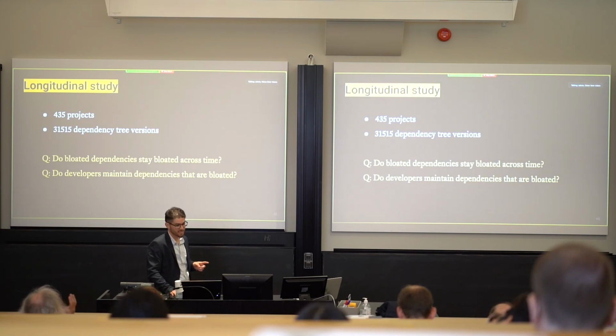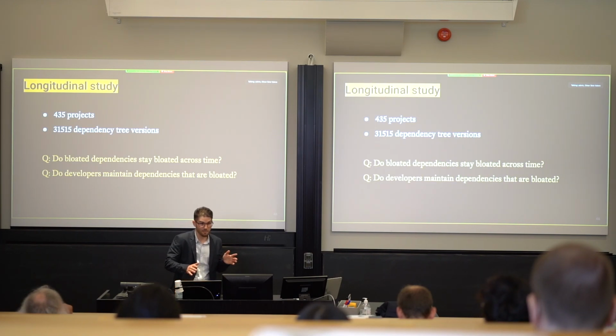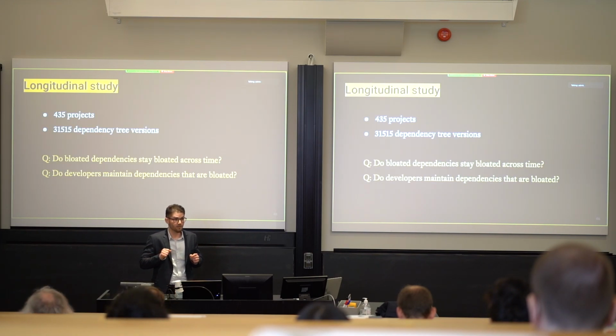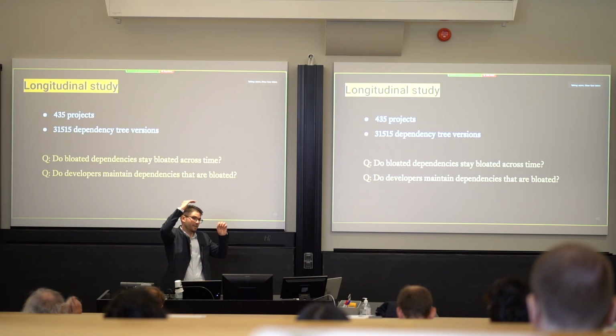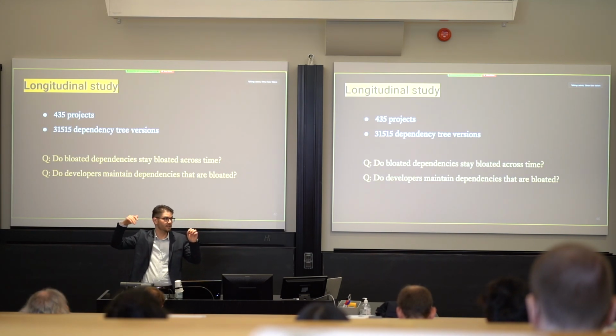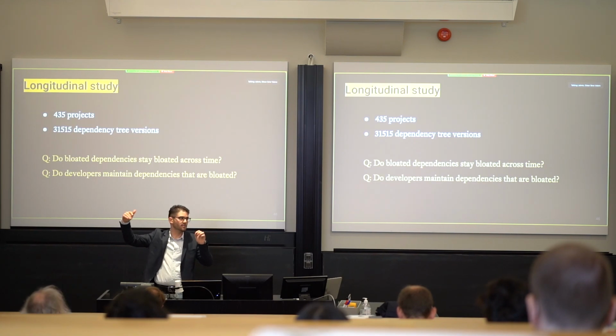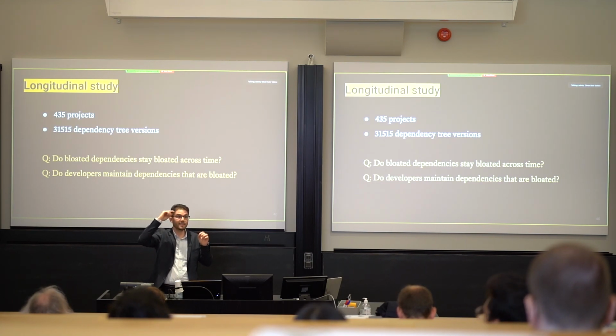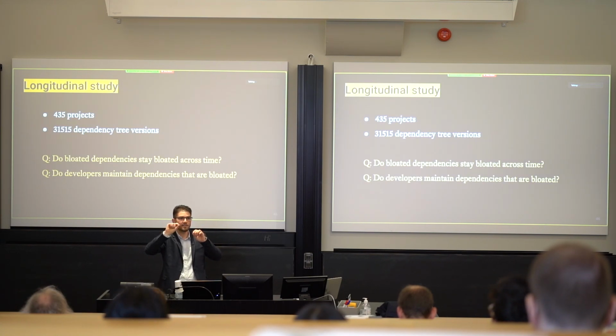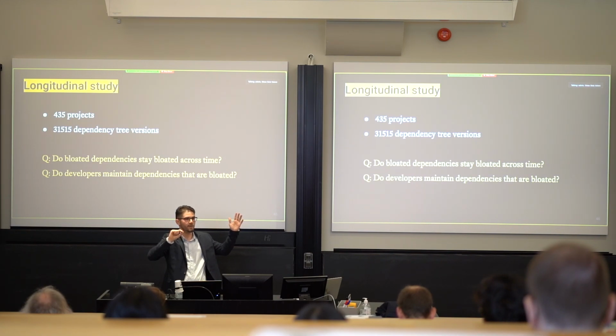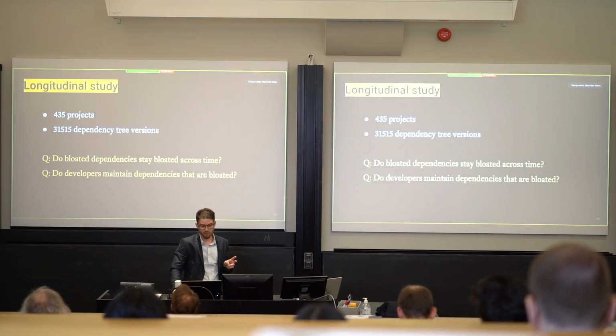The first one is, do bloated dependencies stay bloated across time? We have different versions of the dependency tree, then we analyze those, and then we determine whether this dependency, which was bloated in this version, is still bloated in the further versions of the dependency tree, yes or no? This is the question. And the second question is, do developers maintain dependencies that are bloated?